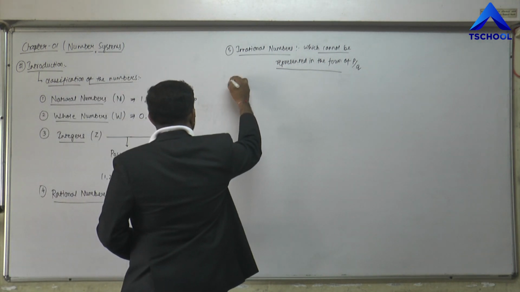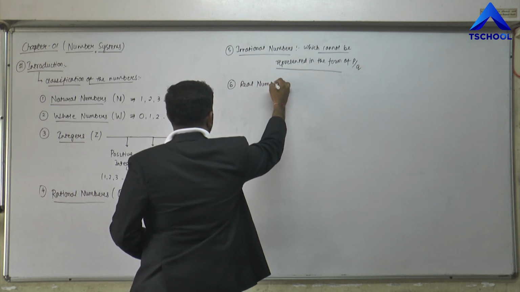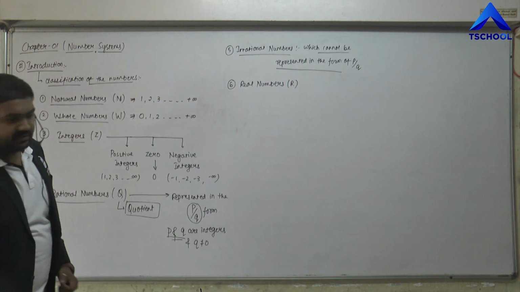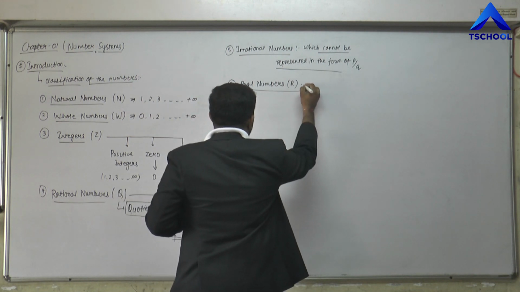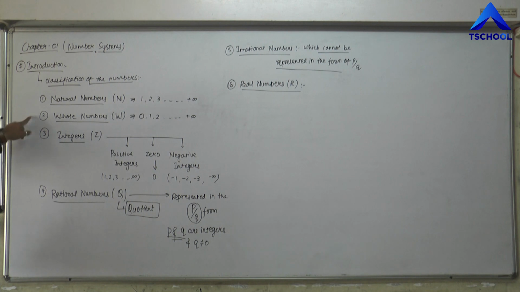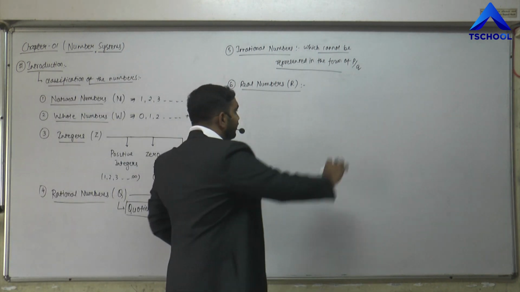And the last one is the real numbers, basically denoted as capital R. So real numbers basically means the numbers that we have discussed till now: natural numbers, whole numbers, integers, rational numbers and irrational numbers.